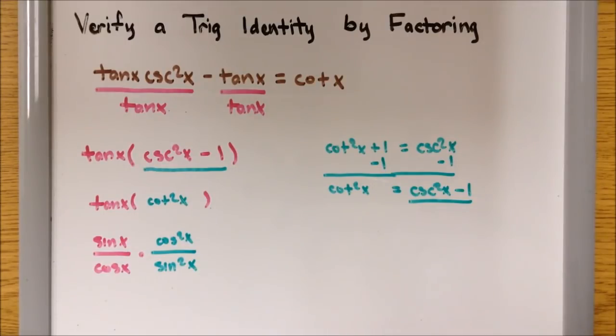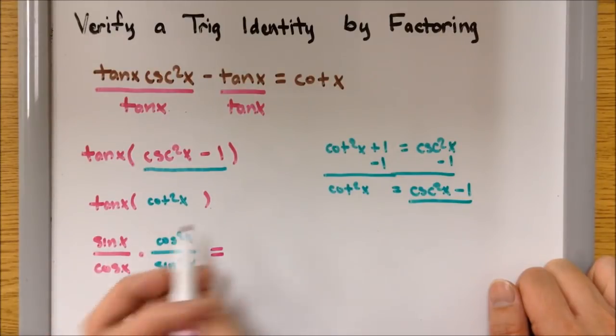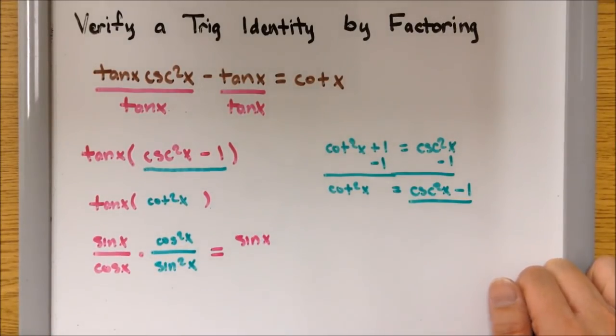Next, I'm going to expand cosine square of x and sine square of x, because when we're multiplying fractions, it's going to multiply straight across. Since we have a common factor on the top and bottom, I want to expand it so it can be easily seen when we simplify by dividing common factors.